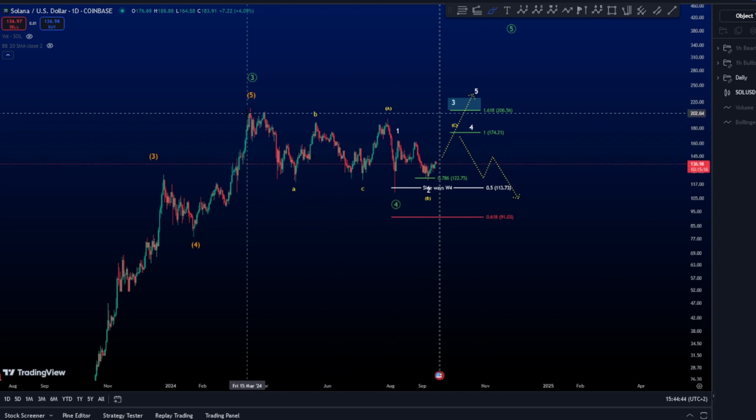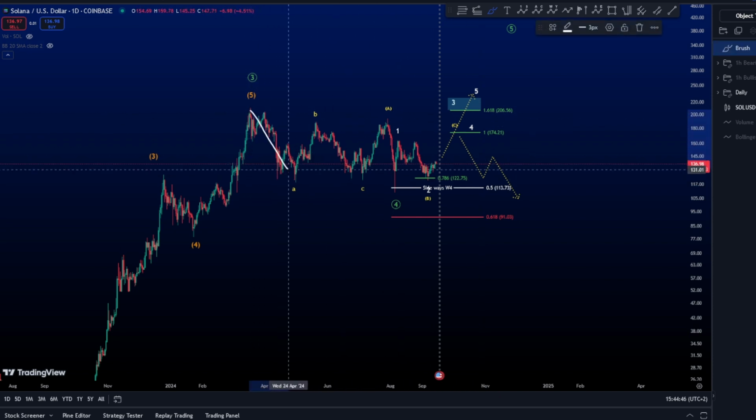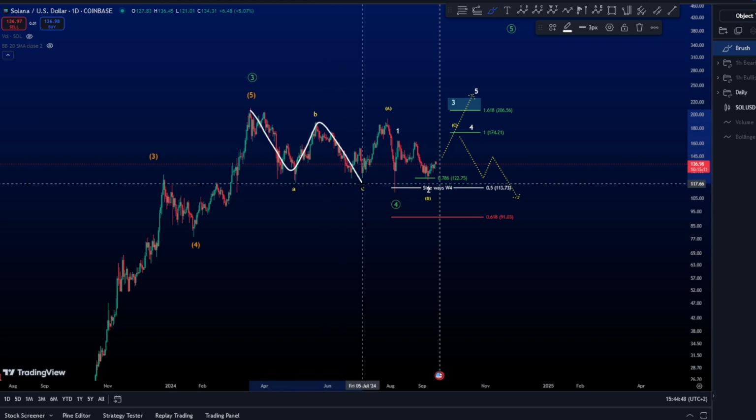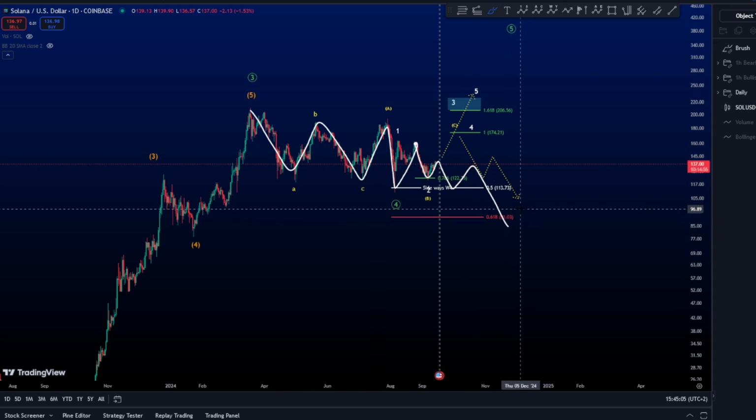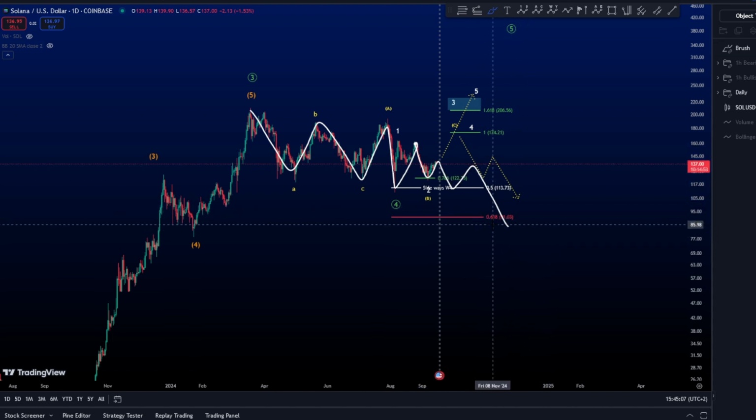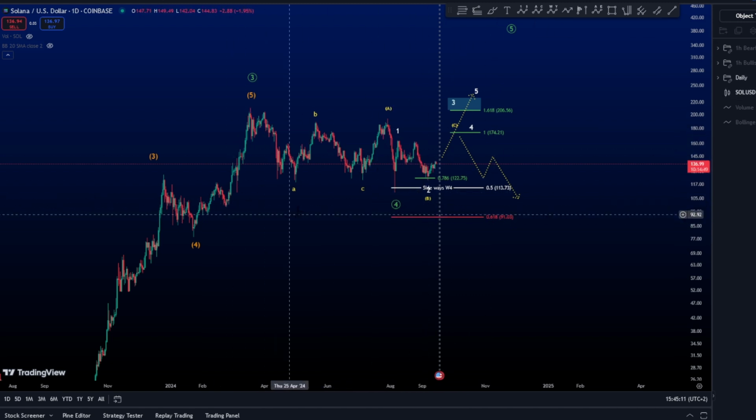So the possibilities are several, and starting here, if we have an ABC, we are looking then for another ABC, possibly a finished regular flat or a running flat, and we are looking, of course, for continuation towards the downside with another zigzag towards the 0.618, in case it invalidates this whole impulse.